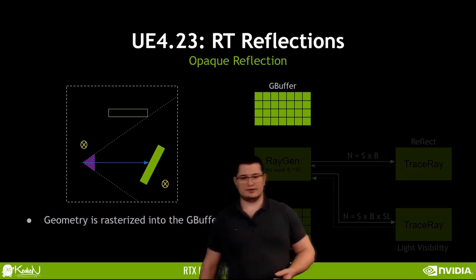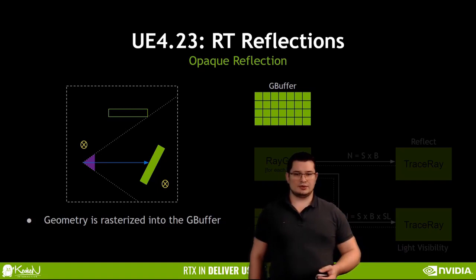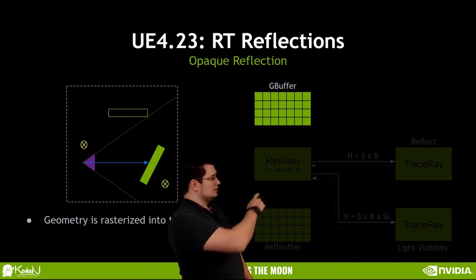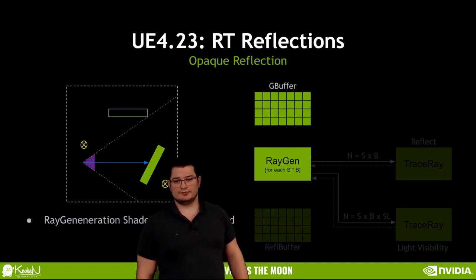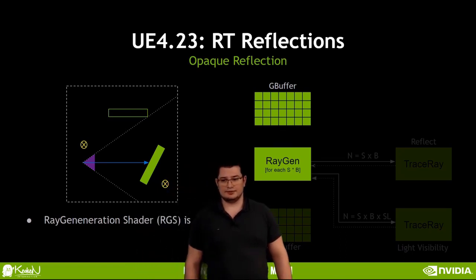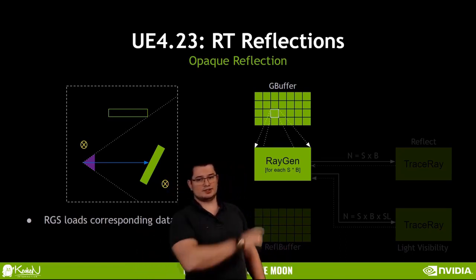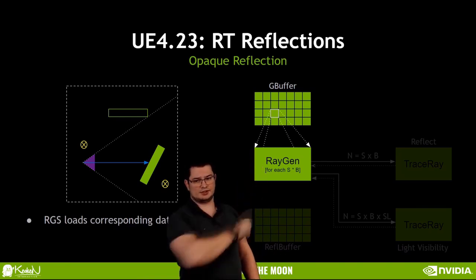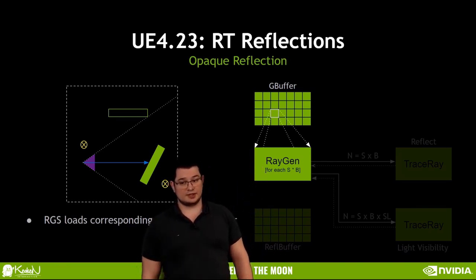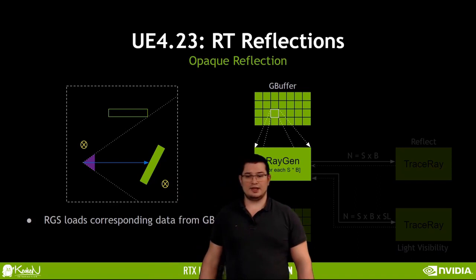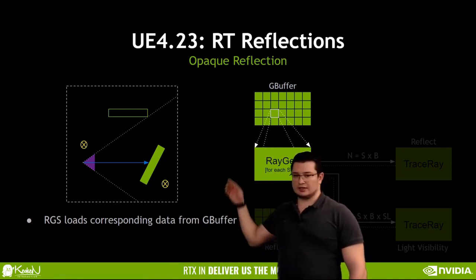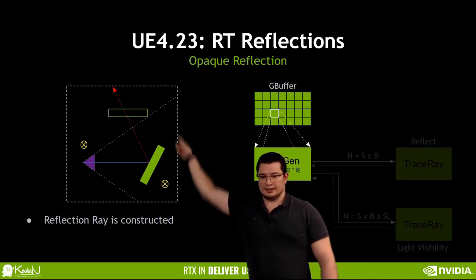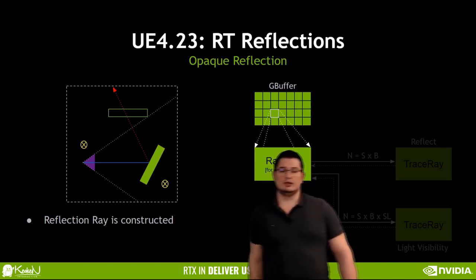To construct a reflection ray, the RayGen shader needs to be executed, and once it's executed, you need to load all the necessary data from the G buffer into the RayGen shader for the corresponding reflection pixel. With that reflection pixel, you will be able to construct a reflection ray, here, the red.